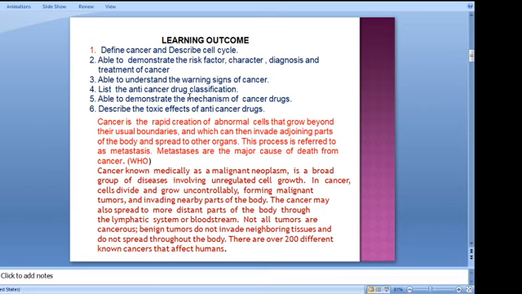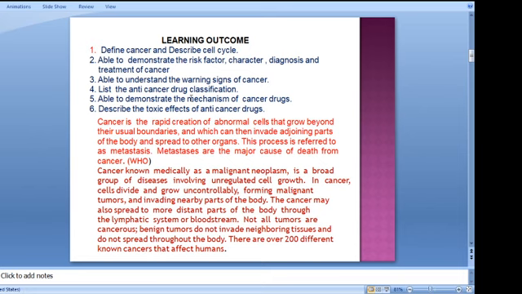Cancer is medically a malignant neoplasm. It is a broad group of diseases involving unregulated cell growth. In cancer, cells divide and grow uncontrollably, forming malignant tumors and invading nearby parts of the body.